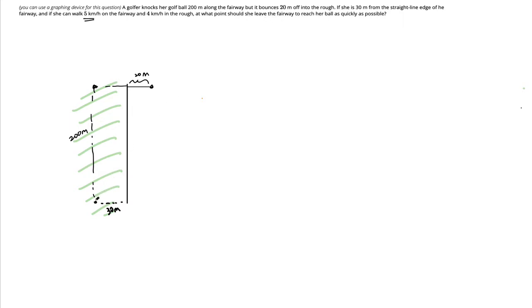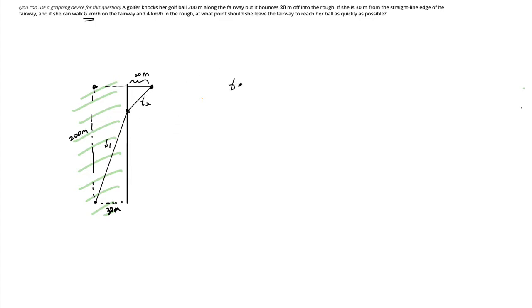So we're looking to minimize the time so that she can get to this ball as fast as possible. So we don't know if it should be there or something like this. We will try to minimize time. So let's call how long it takes to travel this distance T1, how long it takes to travel that distance T2.